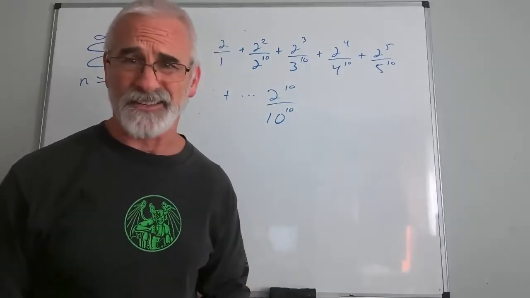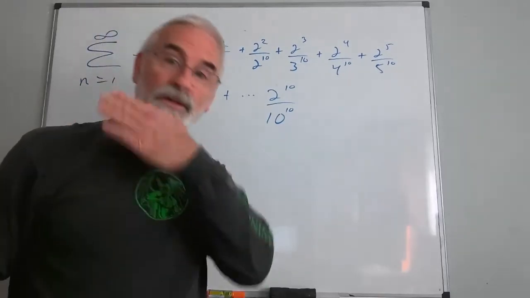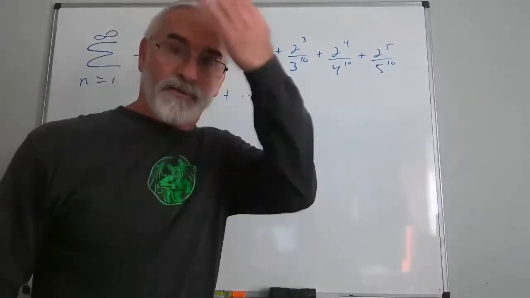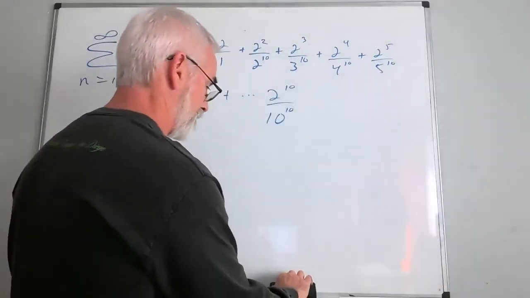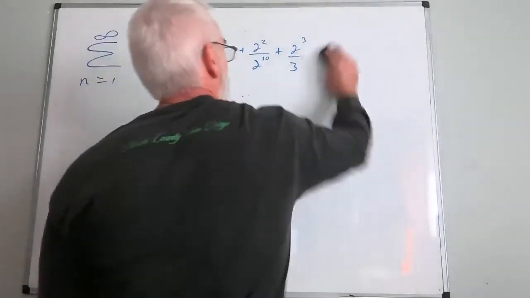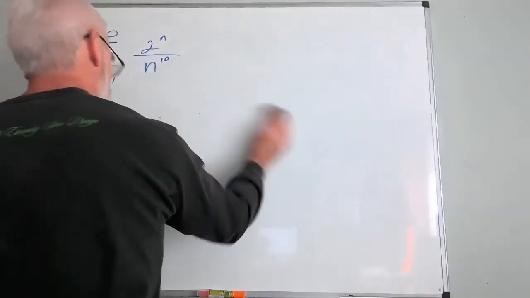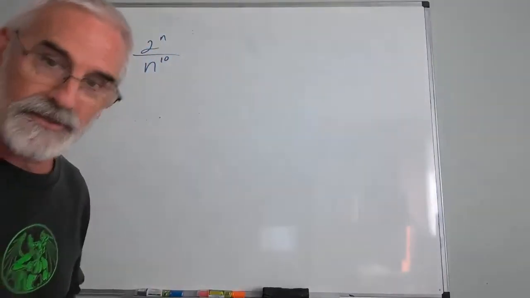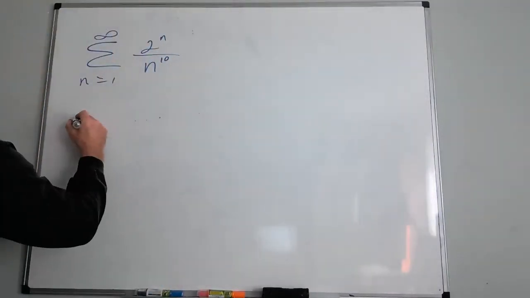So these terms are obviously getting really small, really fast. This one's obviously going to converge because they're getting so small so fast. Or will it? You don't think I pulled a fast one on you again, do you? Oh, yes, I did. We're going to use the ratio test.